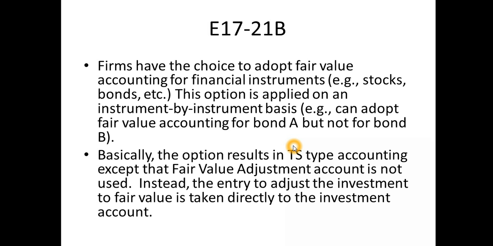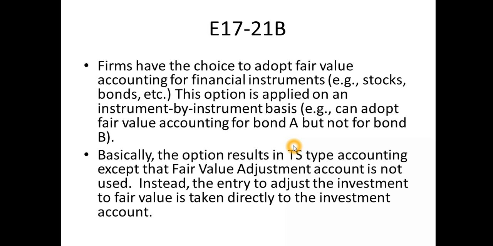So fair value option, companies can choose to report financial instruments on their balance sheet at fair market value and run the unrealized gains and losses that arise from changes in the value of those financial instruments through net income. The option is applied on an instrument by instrument basis.